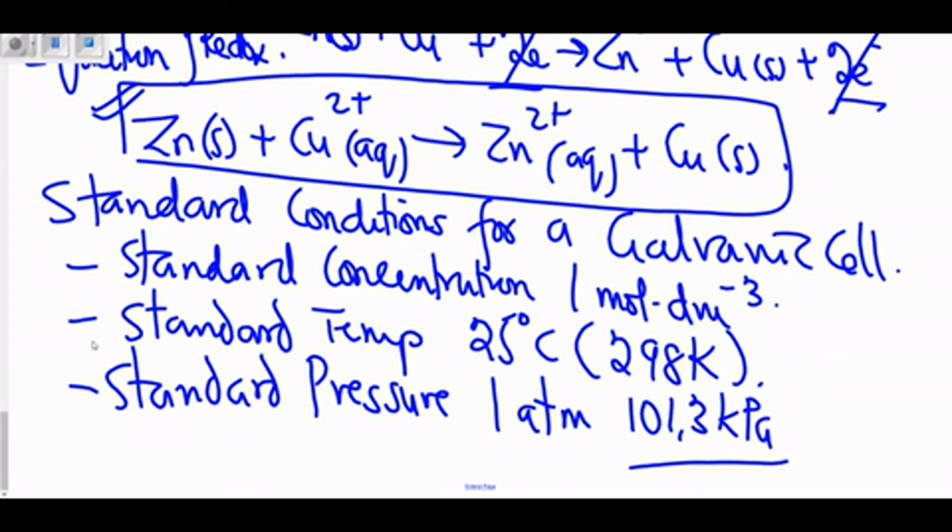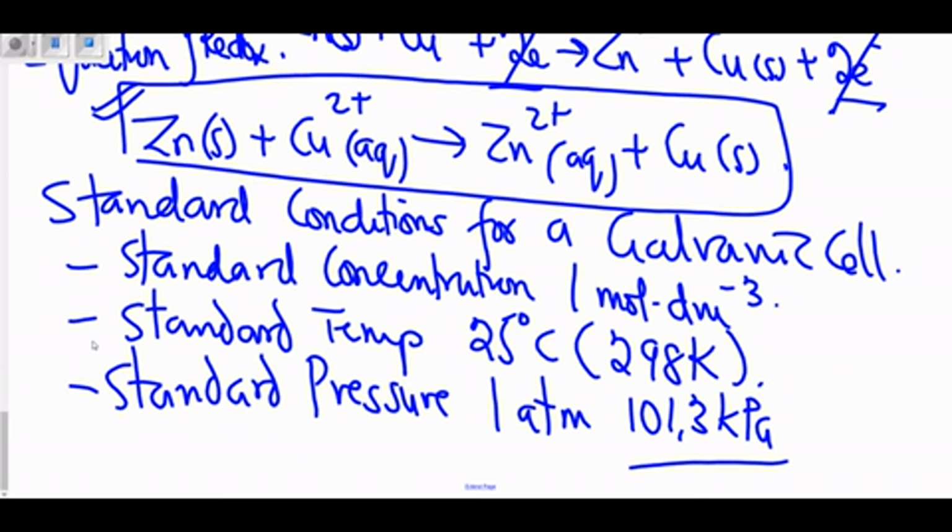All right, these are your standard conditions for a galvanic cell. It is important that we remember the standard conditions: 1 mole per dm cube concentration, and then you have your 298 Kelvin, and then your 1 atmosphere.